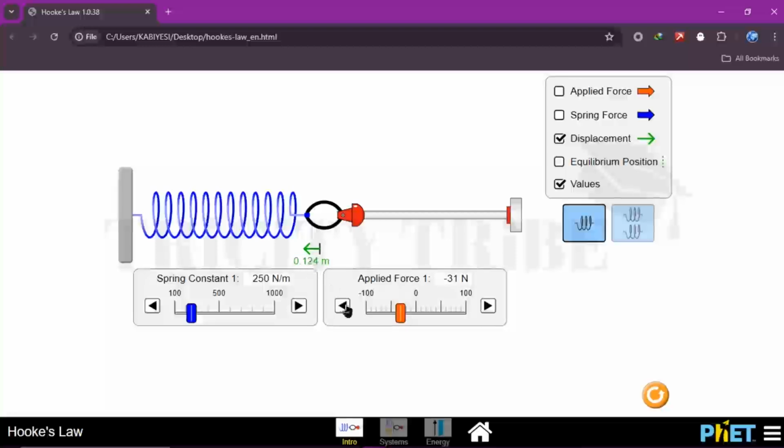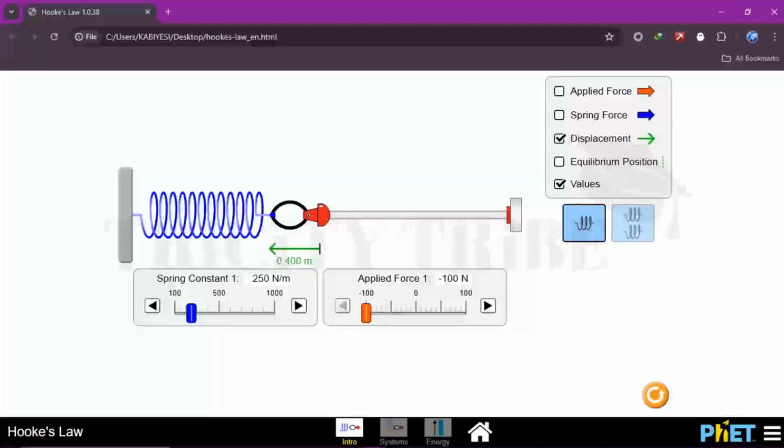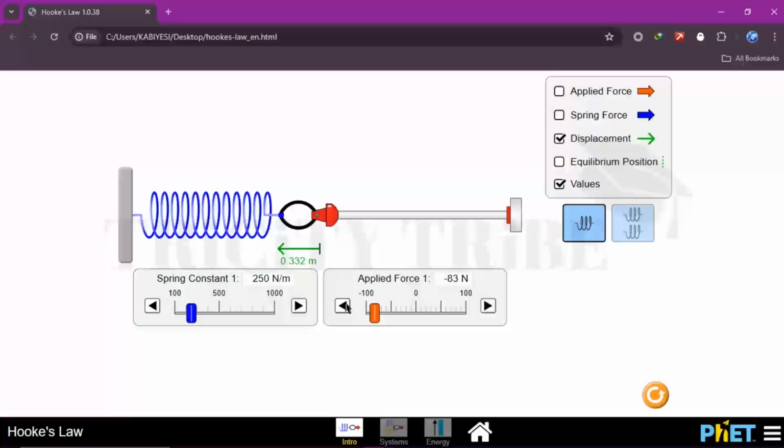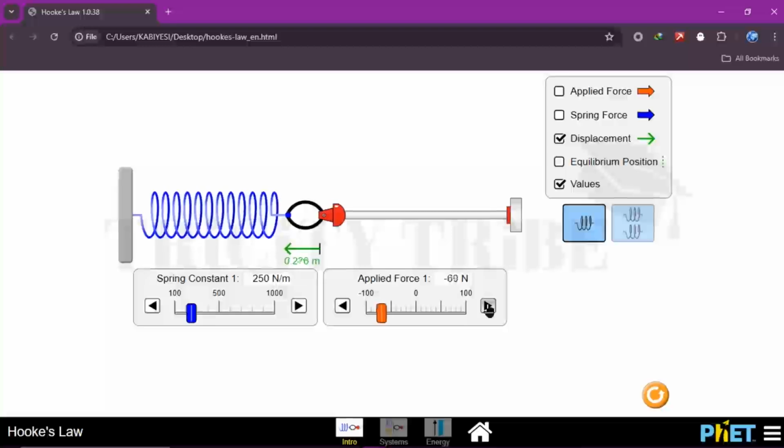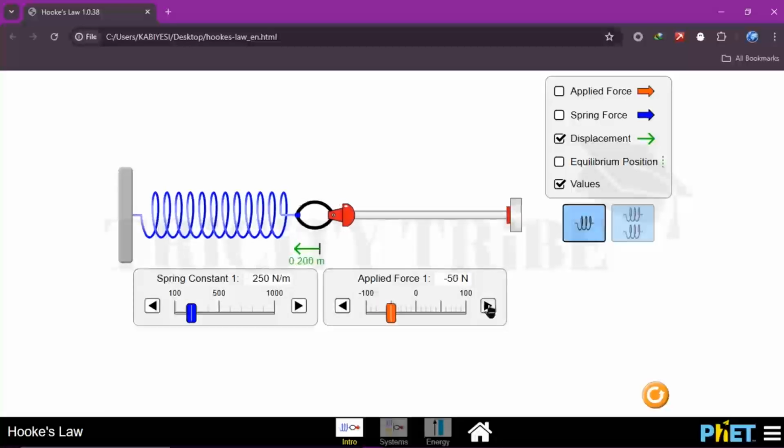I'm trying to get it to 0.2. Can you see it's 50? You can see it's 50 Newton.